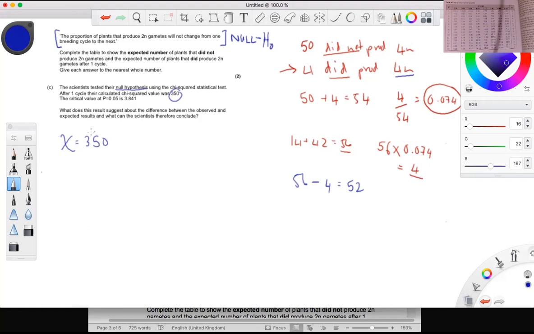You calculate a value, and then in the table you go to the column where p is equal to 0.05.